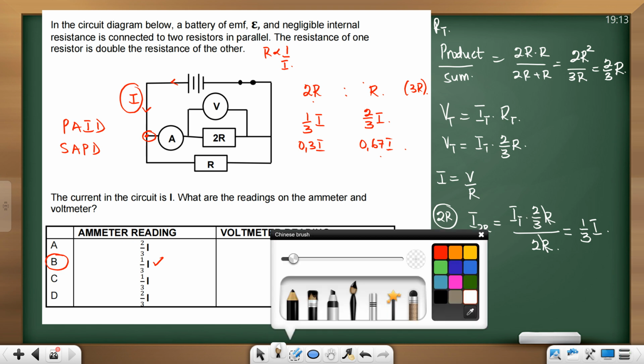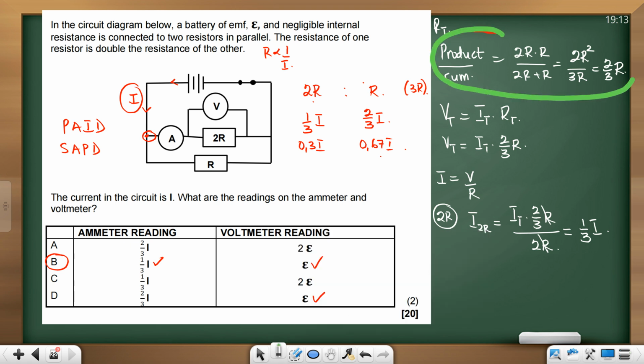Let me take you through the calculations again. First thing was I found my total resistance. I hope that makes sense. 2 over 3R. You let me know where you lost. But V total is I total multiplied by R total. V total therefore is I total times 2 over 3 times R. Now the question is asking me for current.